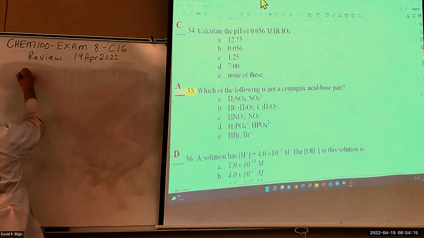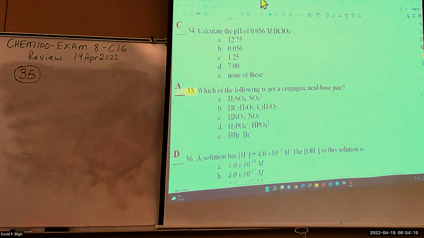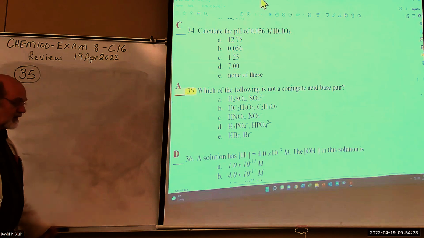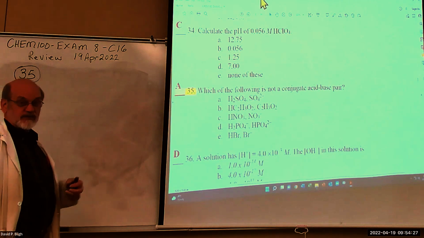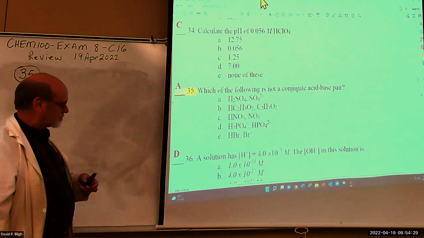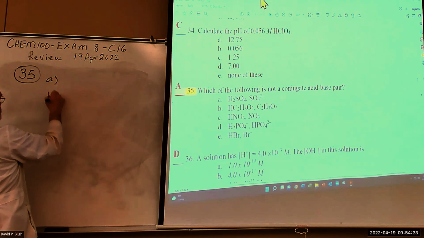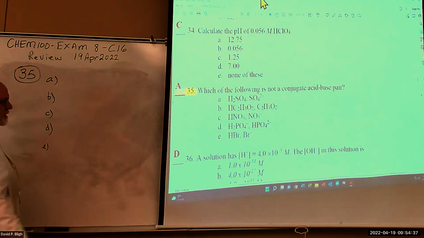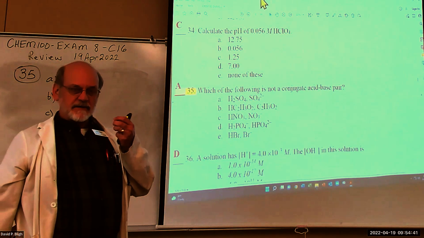35. Which of the following is not a conjugate acid-base pair? We looked at one of these earlier, and the answer was obvious. But what we also need here is to meet the two conditions.